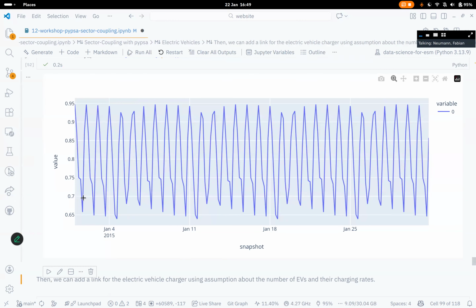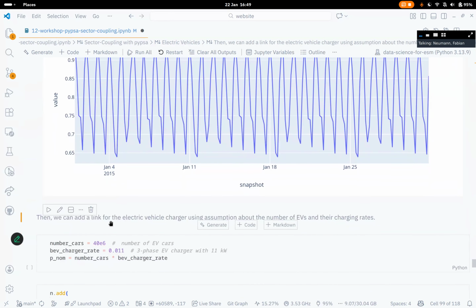So if you assume the electric vehicles have a fixed charging power rating, and only 65% are connected, then the total charging power of all the electric vehicles times 65% would be the maximum that you can charge from the grid at the time, because the rest of the fleet is just not connected to the grid.